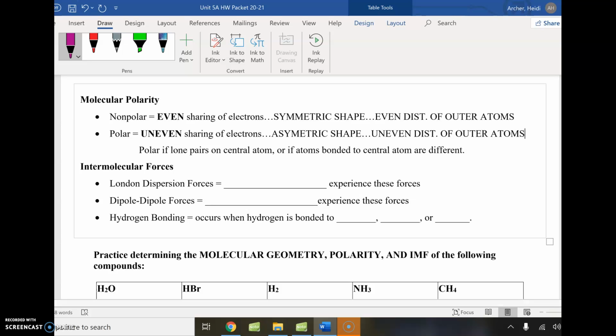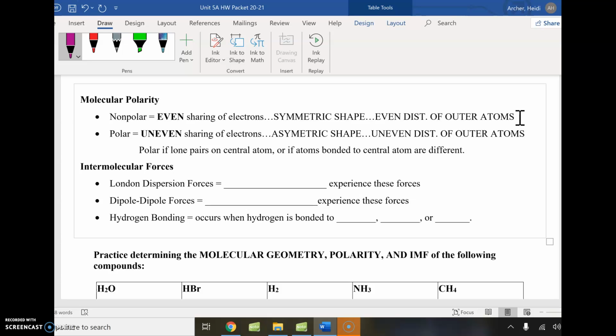So when we talk about even distribution of outer atoms, those are our flat or evenly distributed shapes, like our planar shapes or linear. So we had linear and we had trigonal planar, and those molecular shapes are all flat and evenly distributed. And then we have tetrahedral that isn't flat, but that fourth leg is in even distribution with the other three.